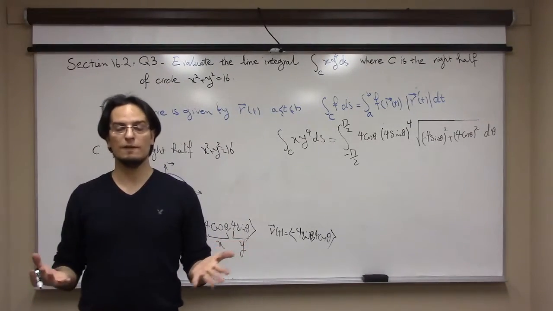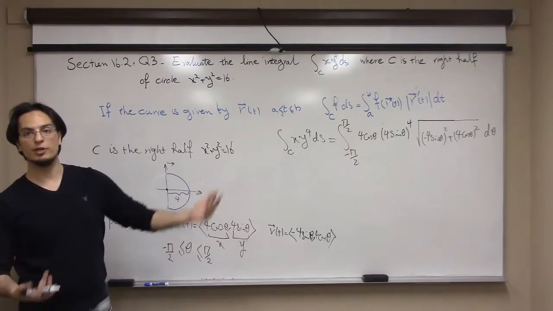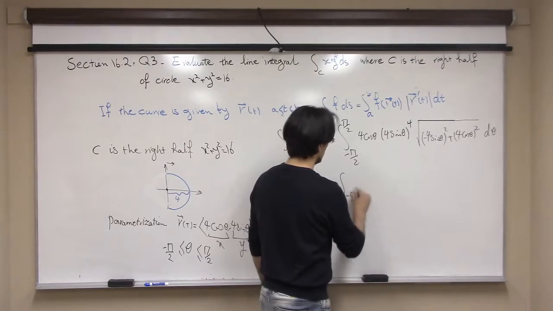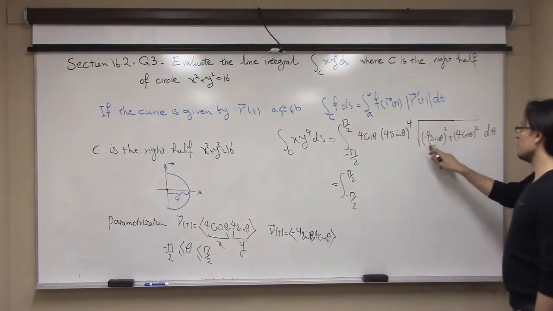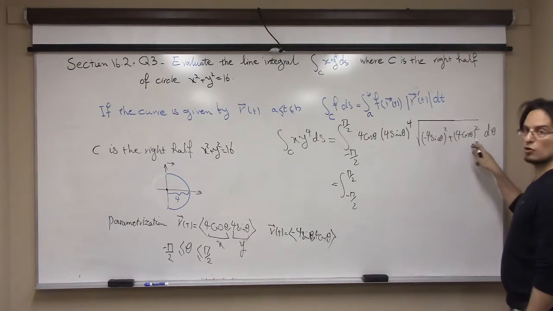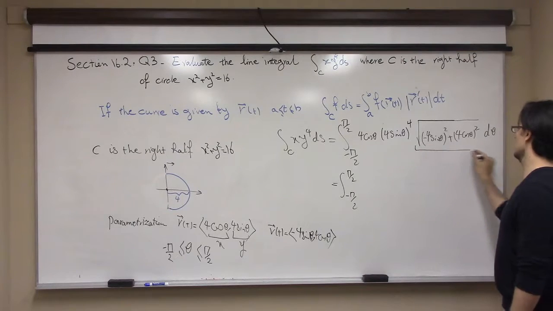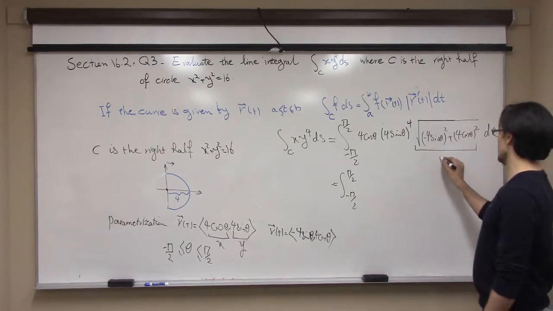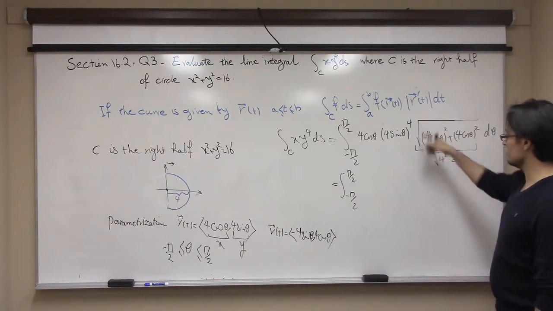Everything is written in your new variable, your parameter, and it is just a regular integral. Let me simplify this. Here I have 4 squared sine squared, 4 squared cosine squared. I can factor out 4 squared, and I get 4 squared times sine squared plus cosine squared, which is 4 squared. Square root of that is 4. So I have 4 for this part.